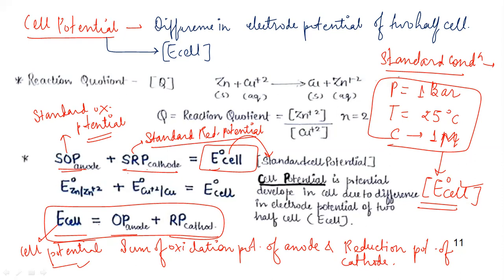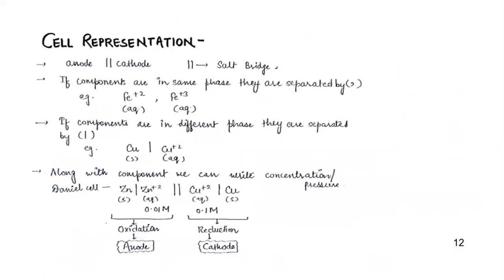Now, this is the important topic: cell representation. If I have to separate out the anode and the cathode, here is the anode and here is the cathode, and in between them a salt bridge is present.